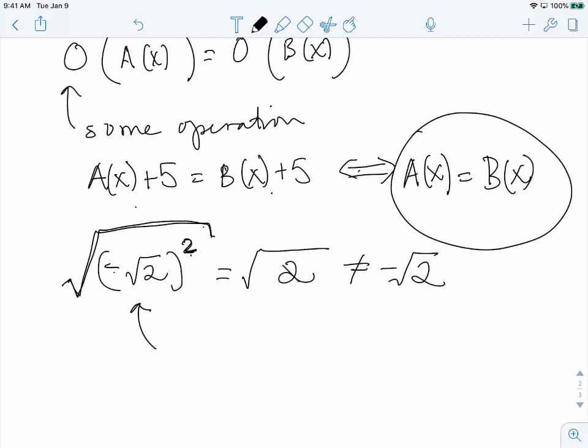This concludes our exposition of some of the subtleties that come up when you are solving equations for x.